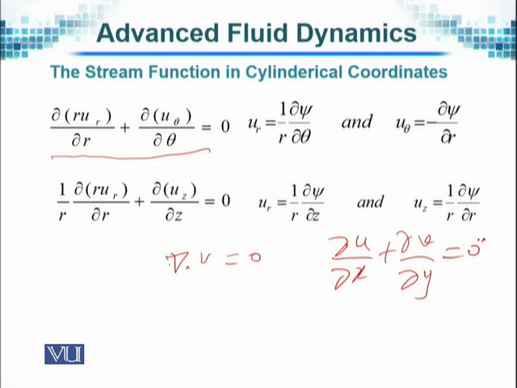And as we are familiar, when we transform these rectangular coordinates, we can write them in the form that has been shown to us here. Now this is when we are writing it in polar coordinates, and this is when the flow field is axisymmetric.